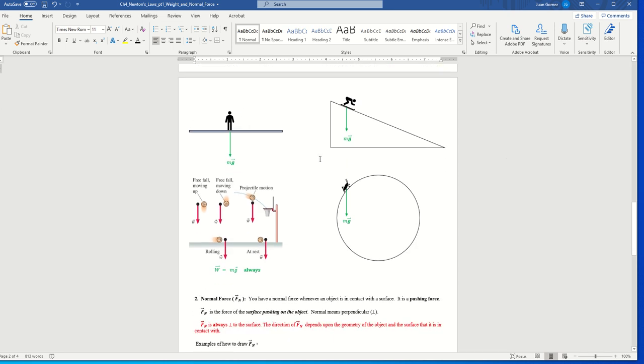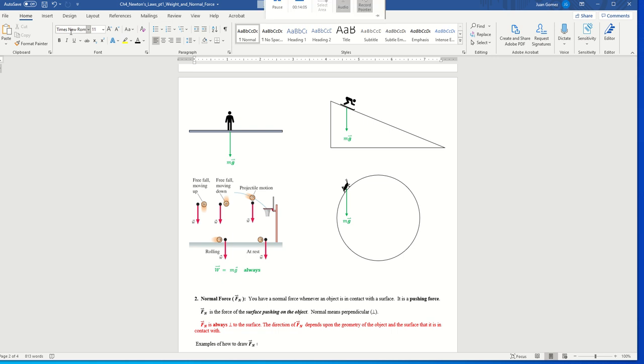So let's look at a couple of these examples. Here's a person. They could be standing outside on flat ground, on the floor of a room or a warehouse, or on the roof of a building. We don't care, but they're on a horizontal surface. Every object in the Earth's atmosphere experiences a weight force, and weight is always in the negative y direction.